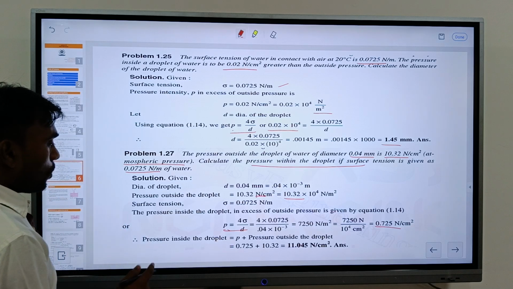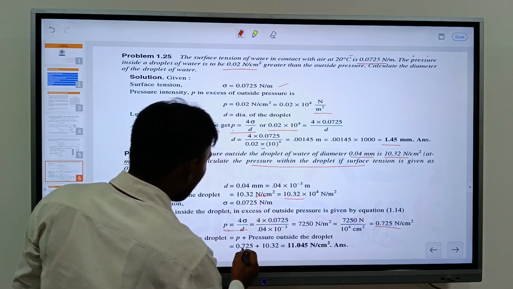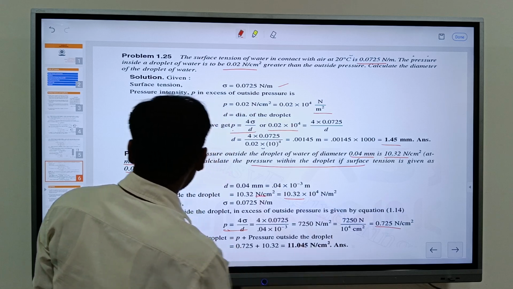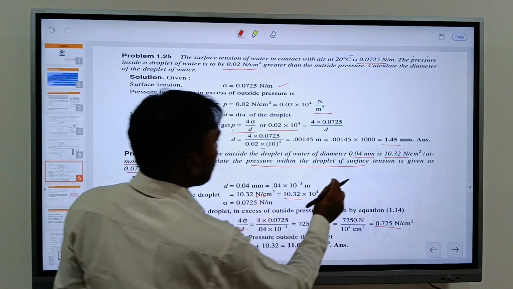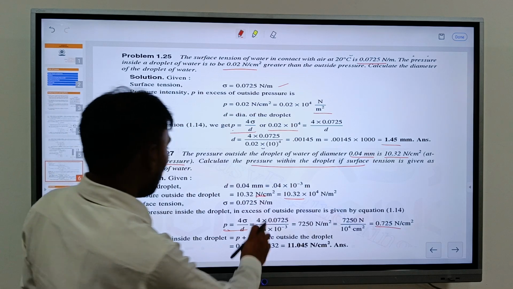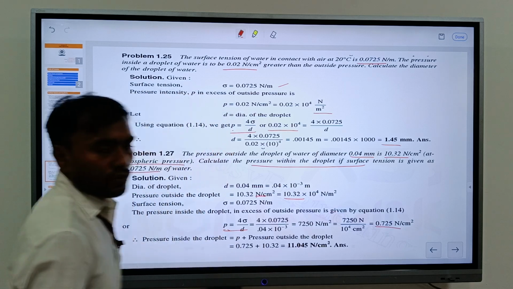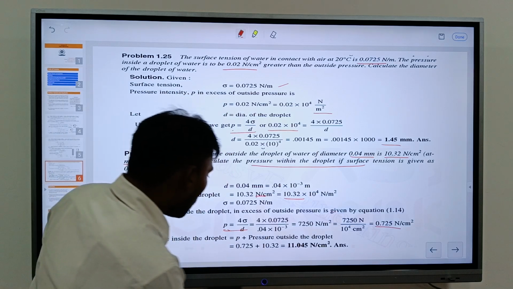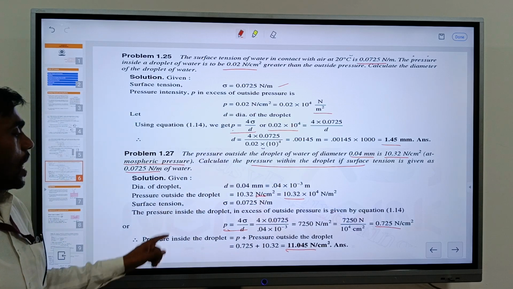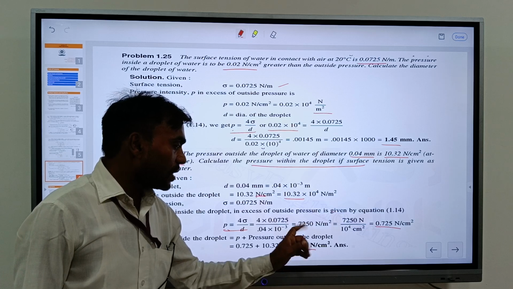So if you put the value of P, that is 0.725, and the pressure outside the droplet is already given here, 10.32 Newton per centimeter square, converted into 10.32 into 10 to the power 4 Newton per meter square. So the final value of the pressure inside the droplet will be 11.045 Newton per centimeter square.